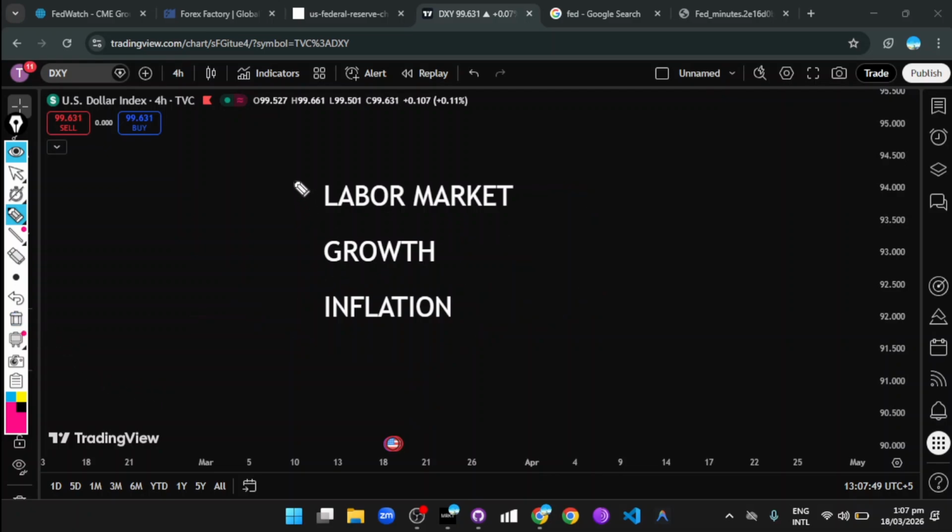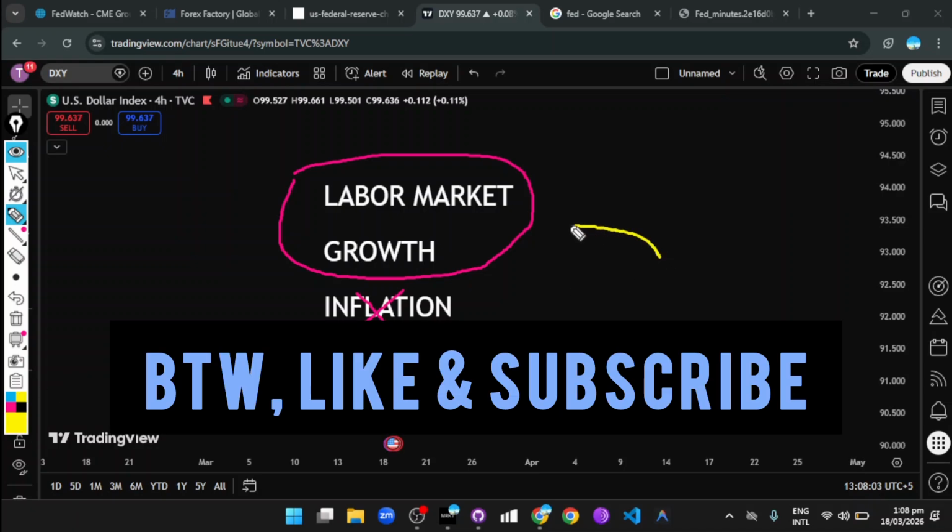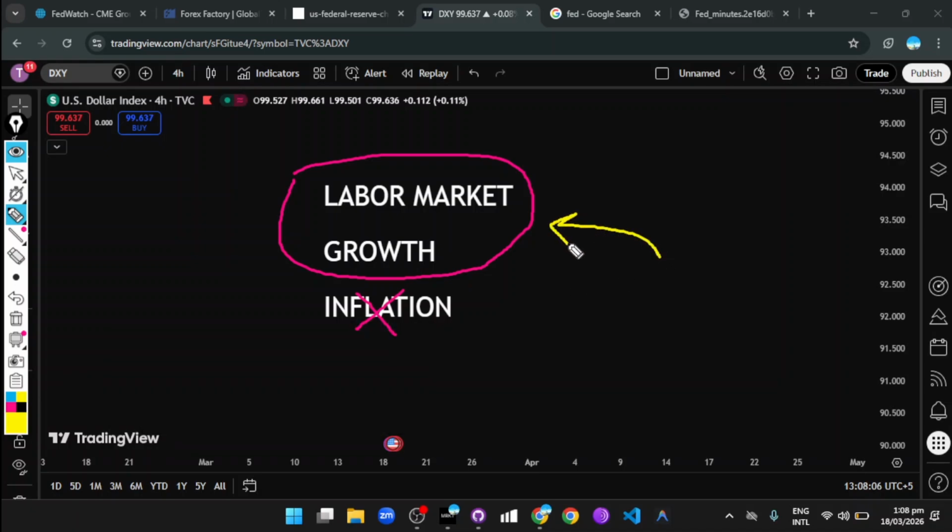On the other hand, if his focus is more on the labor market and the growth slowing down, then it means he is ignoring the risks of rising inflation right now, and he is focusing more on the weakening labor market and weakening growth. And he is ready to take any type of action to support the labor market and the economy.